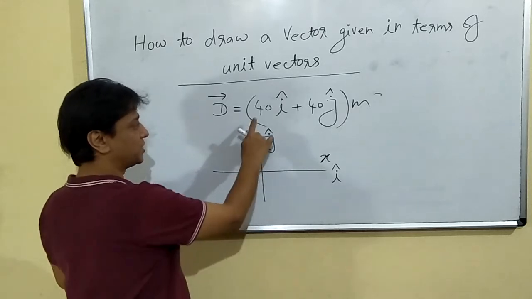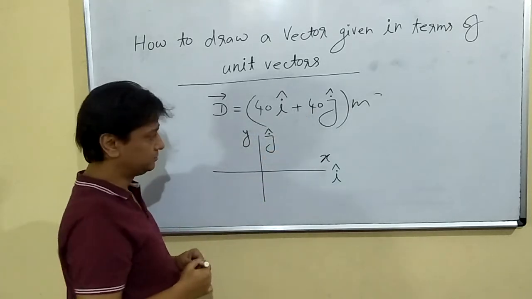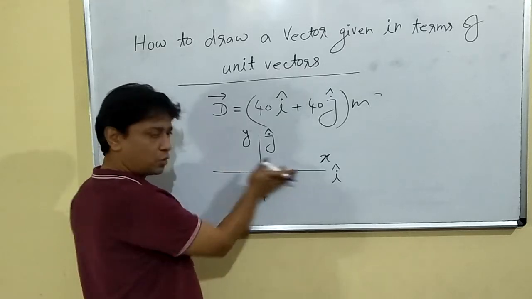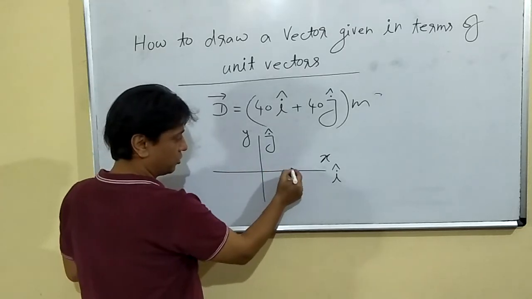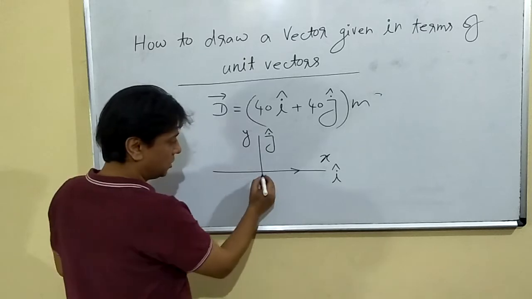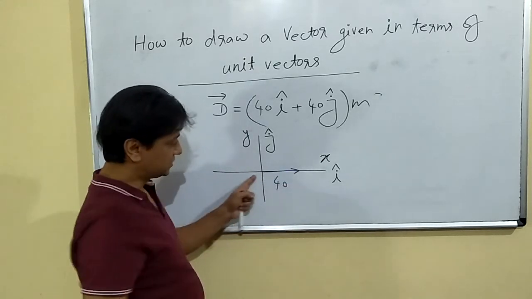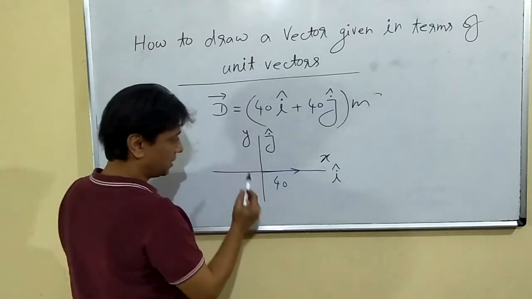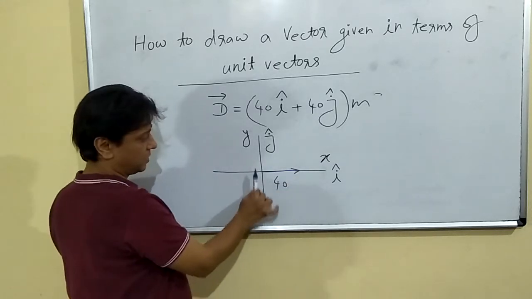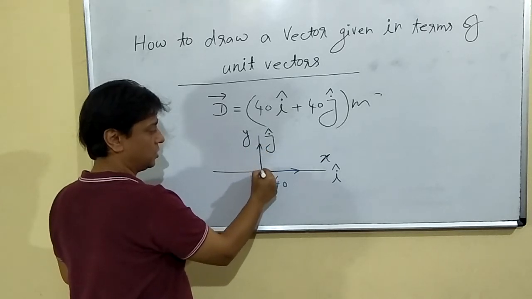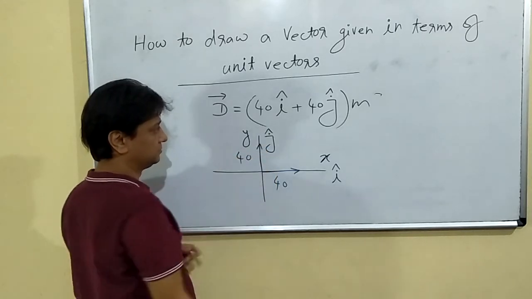And we have to plot something like 40 I cap plus 40 j cap. Then do this. Along I cap, draw an arrow of length 40. Similarly, along j cap, draw an arrow of length 40.